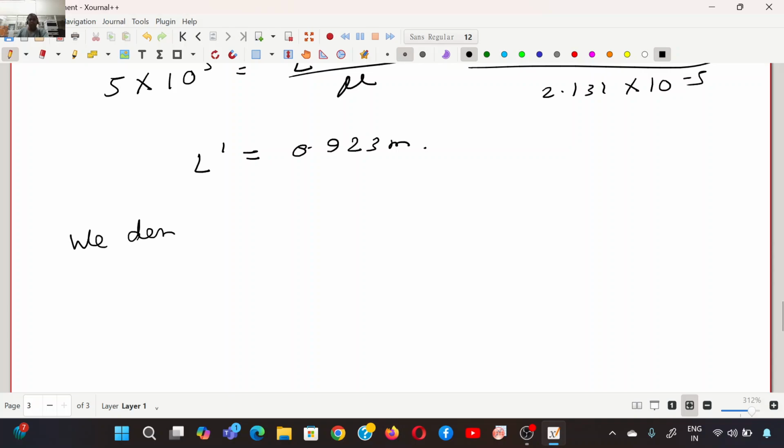So let us denote the heat transfer coefficient in the laminar and turbulent regions by h prime and h.